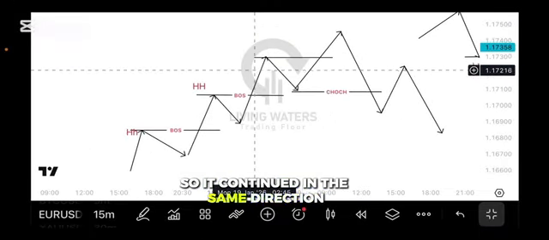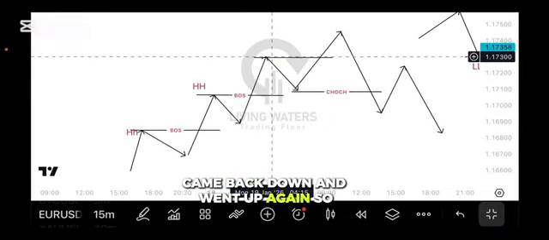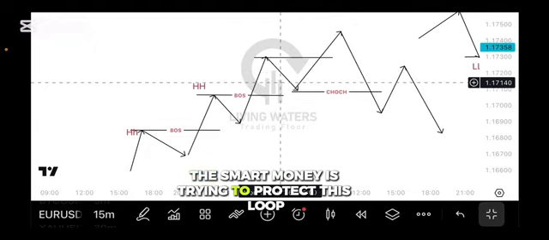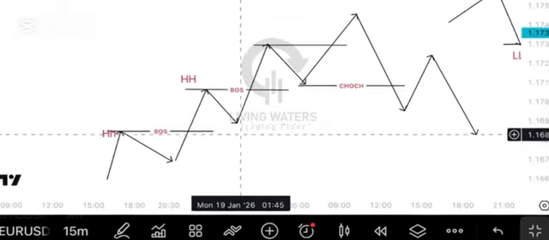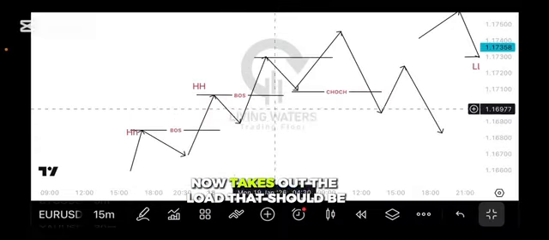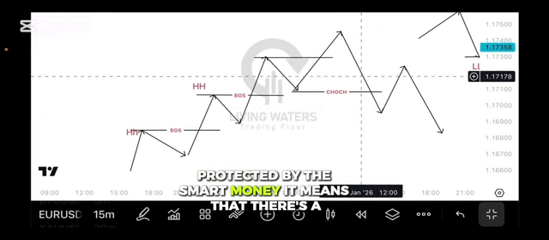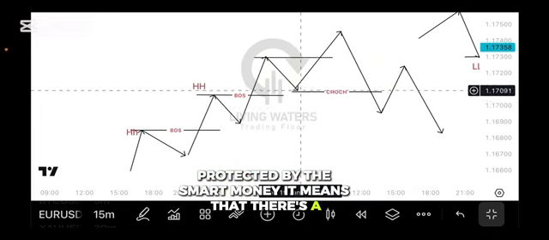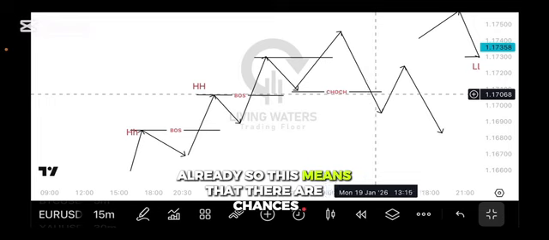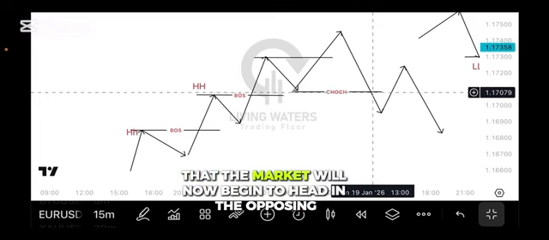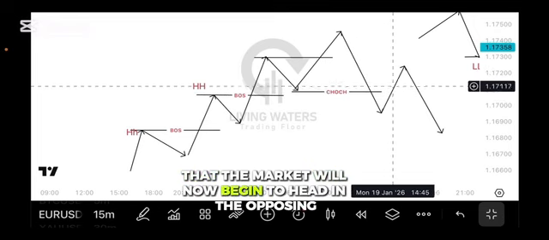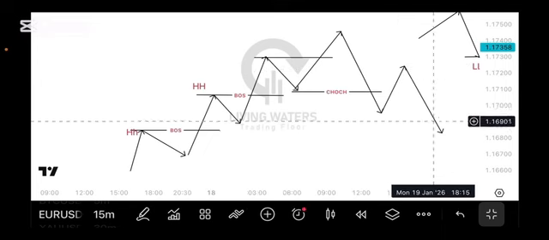It came back down and went up again. So the smart money is trying to protect this low. Now if the market takes out the low that should be protected by the smart money, it means that there's a change of character already. So there are chances that the market will now begin to head in the opposing direction.